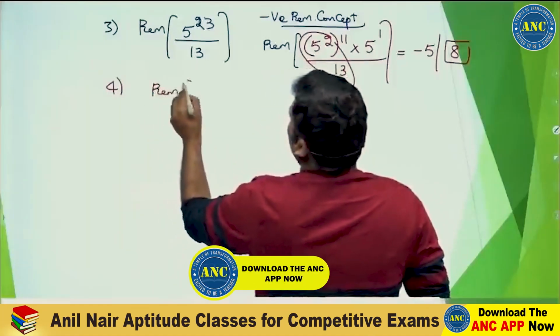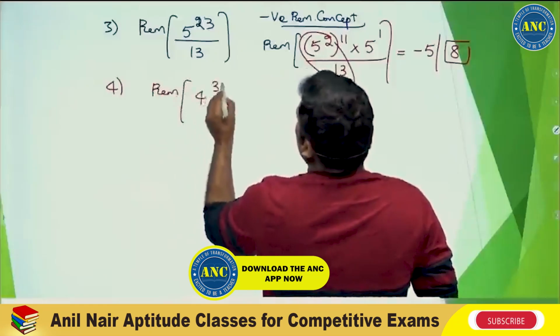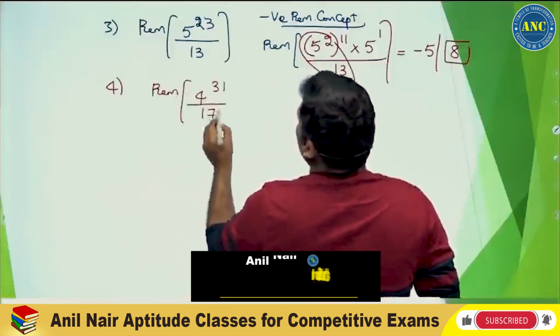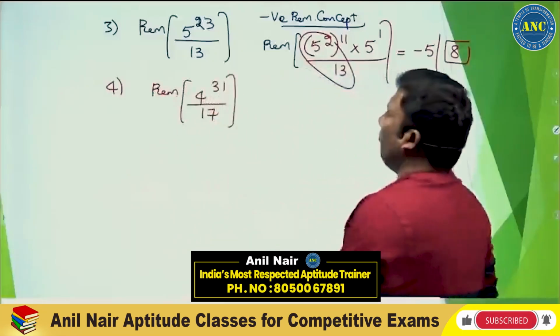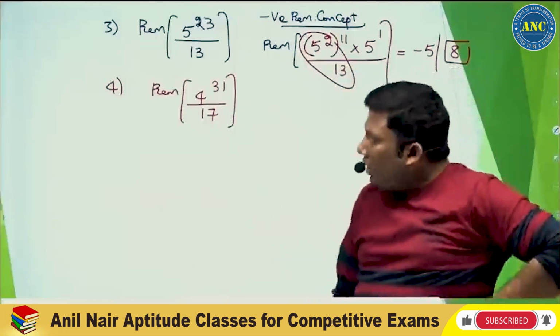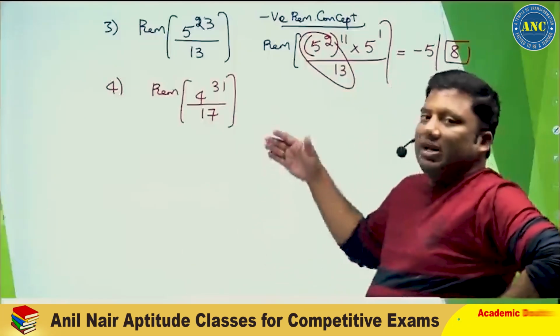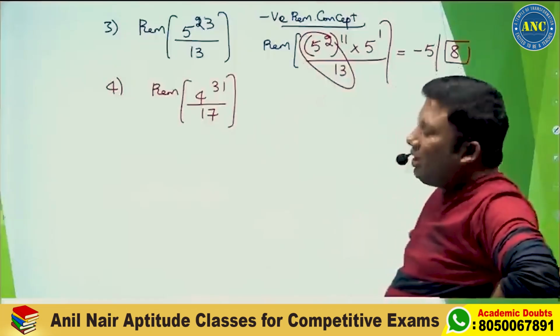Now, for example, if it is 4 power 31 by 17, use the same concept as the third problem.